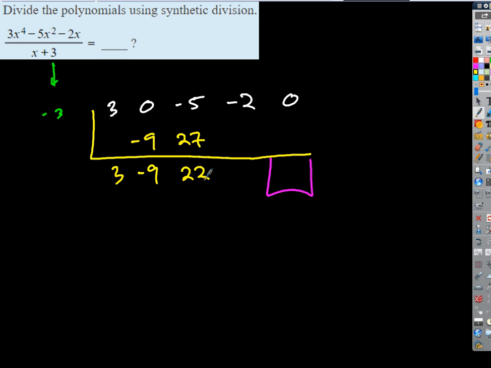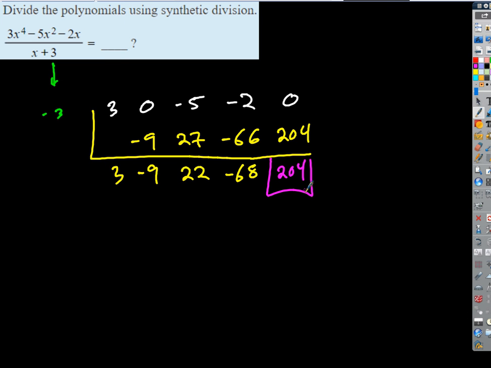So -3 times 22 is -66, so I'm going to get -68. And -68 times -3 is positive 204. If I add those, I get a remainder of 204.